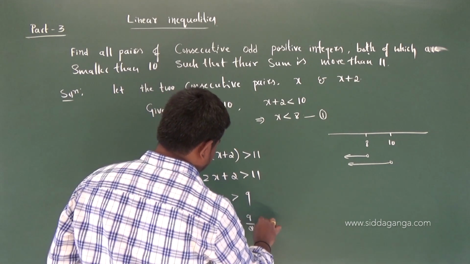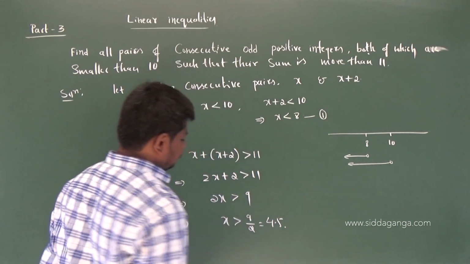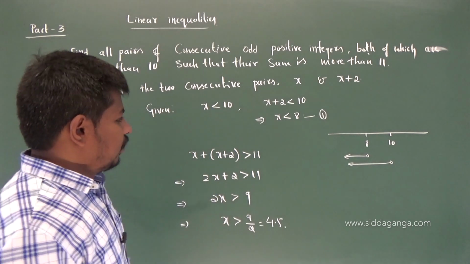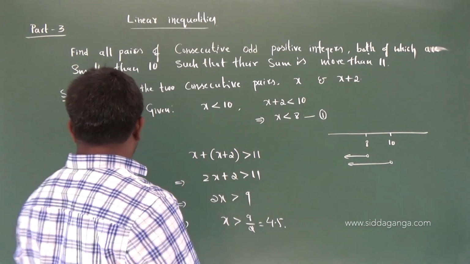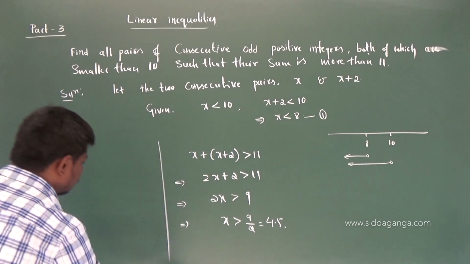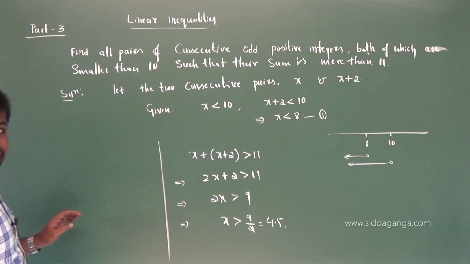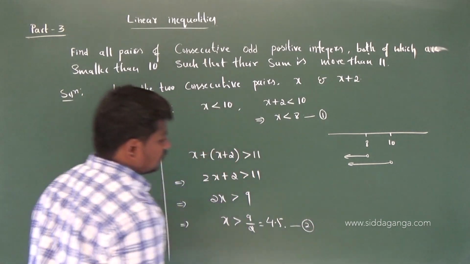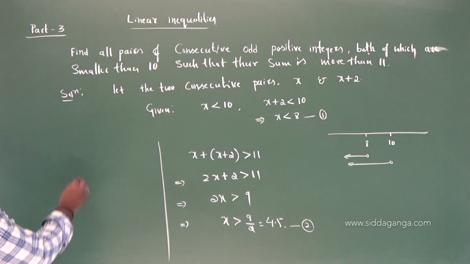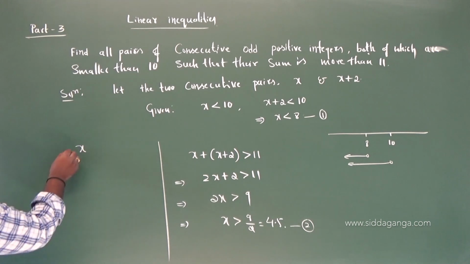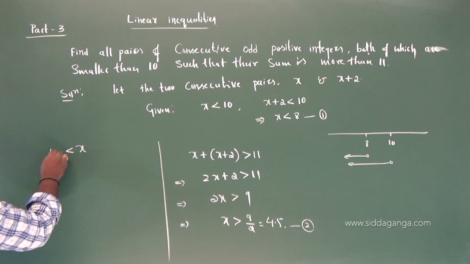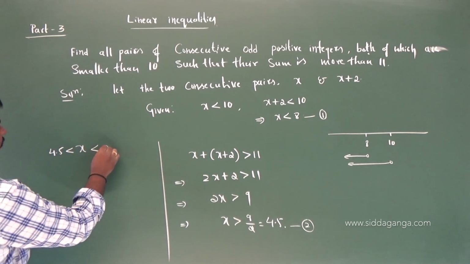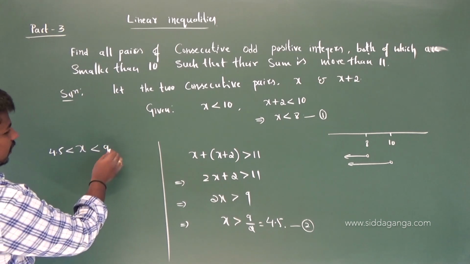So 9 by 2 is 4.5. Let us take this as statement 2. From 1 and 2, x is greater than 4.5 and less than 8.